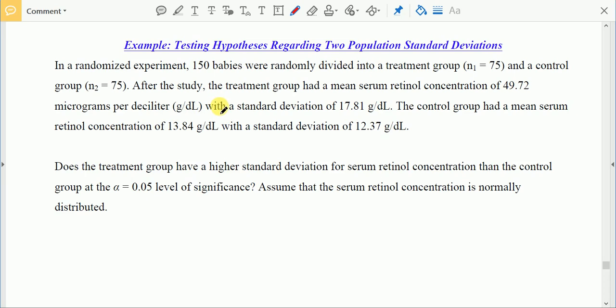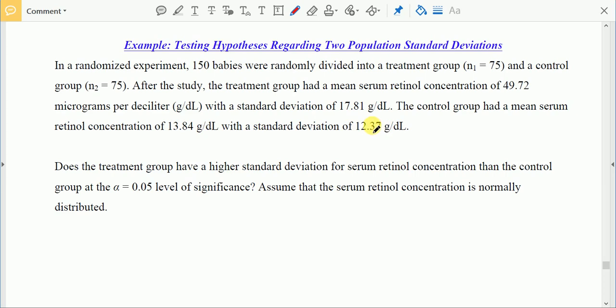With a standard deviation of 17.81 micrograms per deciliter. The control group also had a mean serum retinol concentration of 13.84 micrograms per deciliter with a standard deviation of 12.37.